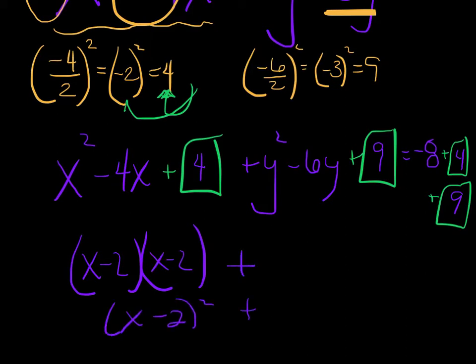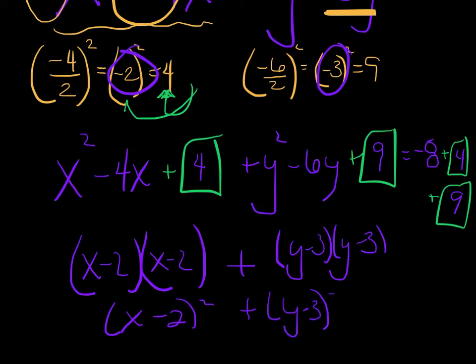Plus, this was really y minus 3 and y minus 3. Remember, it's the number you squared. So I can say that's y minus 3 squared equals 8 plus 4 is 12 plus 9 gets me a 21.